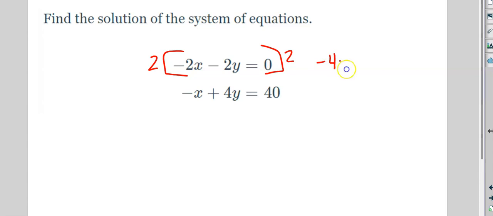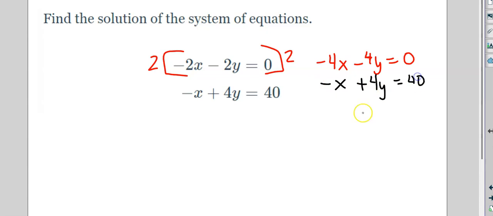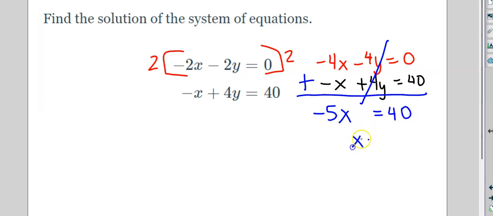So this becomes negative 4x, negative 4y, and 0. My bottom sentence will remain the same. Now I'm going to vertically, up and down, combine these two sentences. So this will become a negative 5x. This eliminates. This becomes 40, which means x is equal to negative 8.